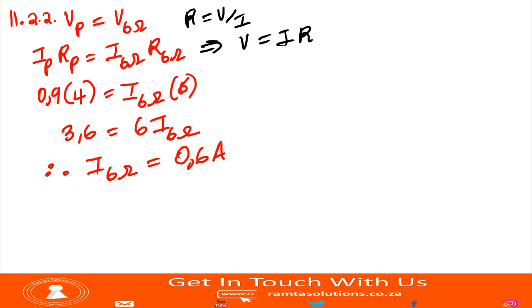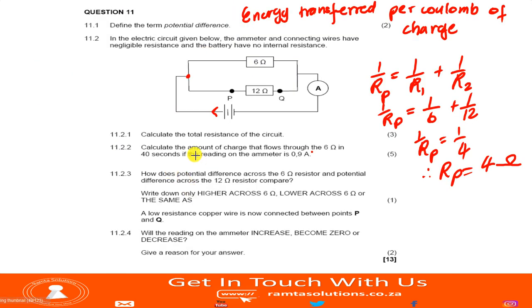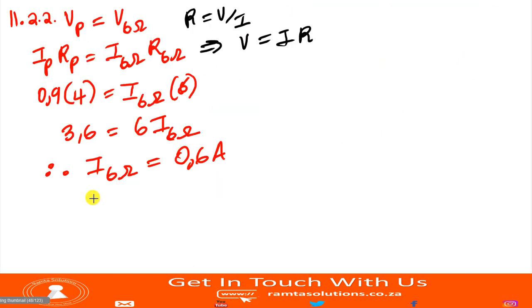You are not done. You didn't answer the question. The question said calculate the amount of charge. We know that current is equal to charge over delta T. The current at this resistor is 0.6.